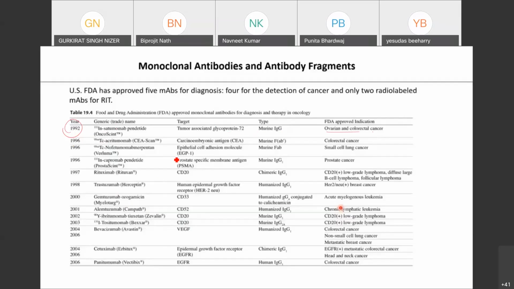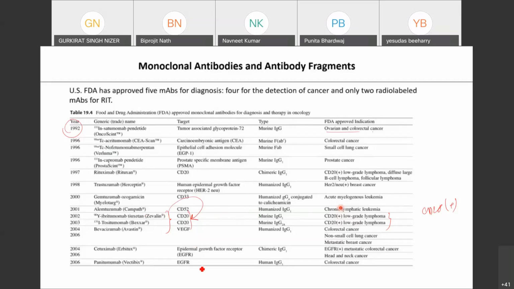We can see yttrium-labeled Zevalin and Bexxar, which we use for treating non-Hodgkin lymphoma, and the indication is that it must be CD20 positive. So this group of drugs is given to those patients who are CD20 positive and with low-grade lymphoma. And these drugs go and bind to these overexpressed CD20 receptors on the B lymphocytes.